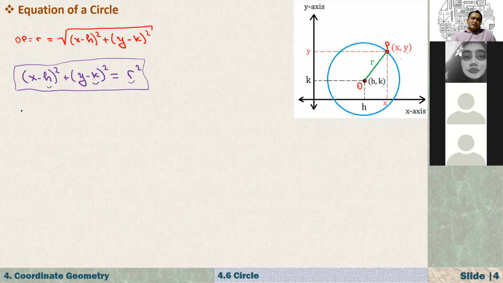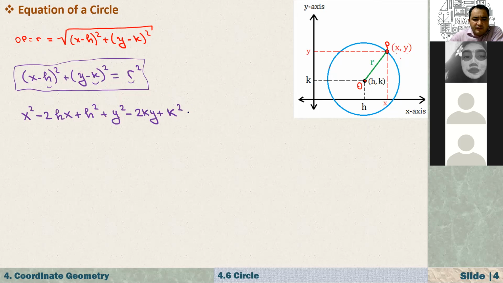Now, what happens if I expand, for example, the left-hand side and simplify a little bit? On the left-hand side, we have x squared minus 2hx plus h squared. And the second one, y squared minus 2ky plus k squared.